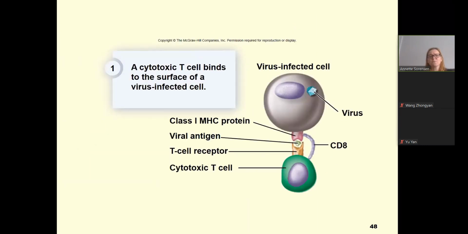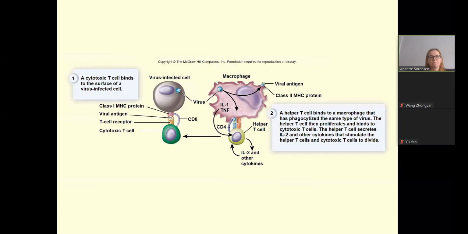This here is really just showing the cytotoxic T cell, which is bound to the surface of virus-infected cells. So you can see this cell here is presenting antigen on its surface, which is complexed to MHC1, recognized by the T cell, and it binds.